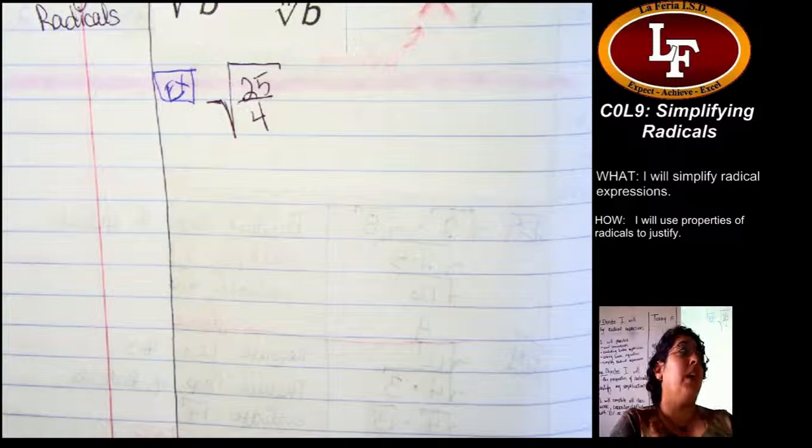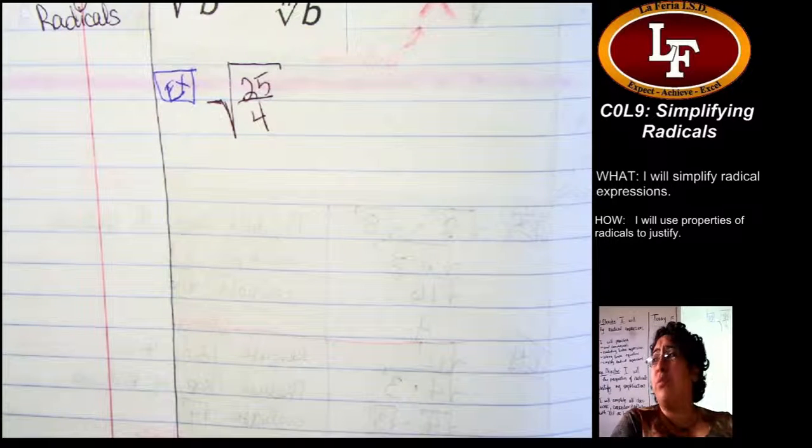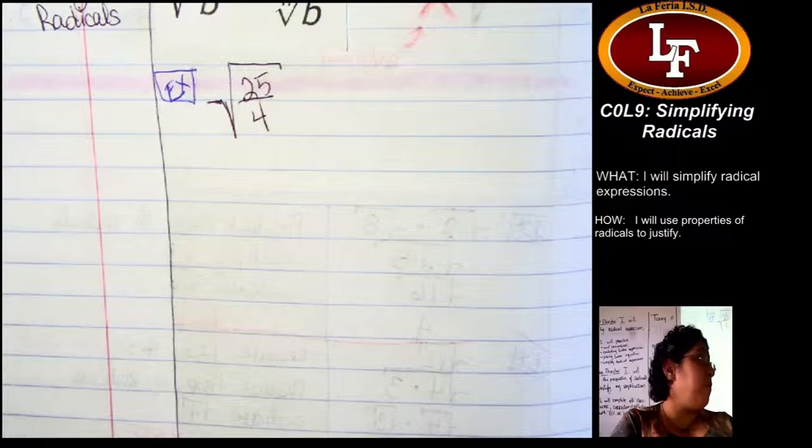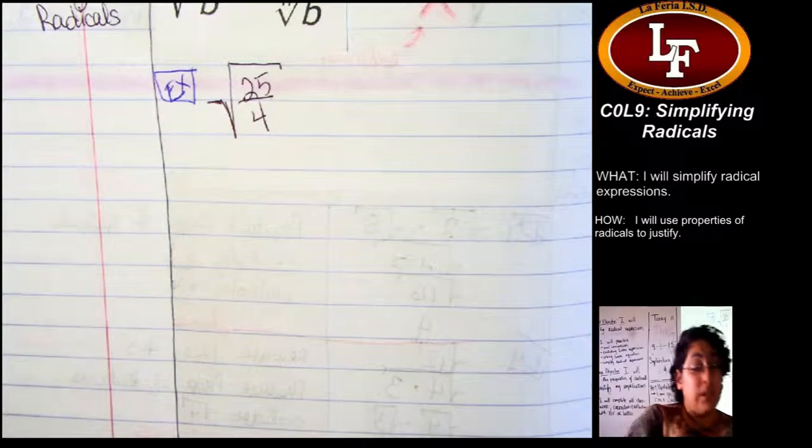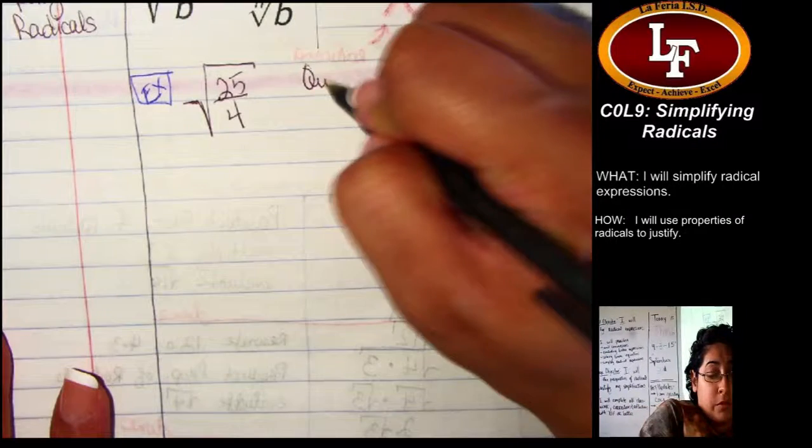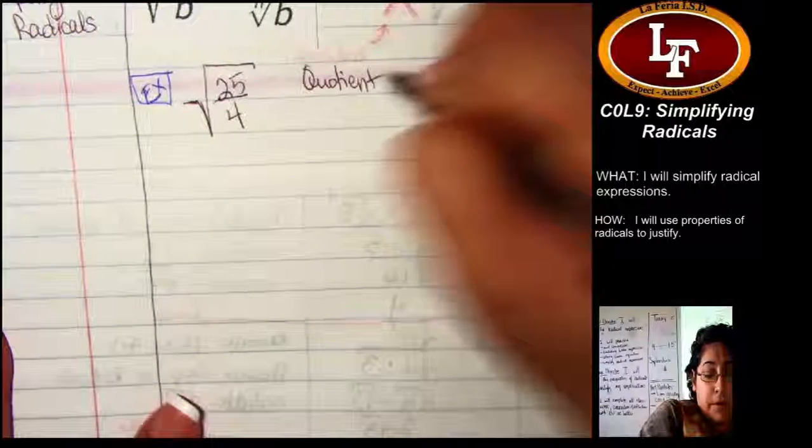But if you're doing it without a calculator, it's really hard to do the square roots of decimals. And then if you're looking at the square root of 6, that doesn't have a perfect square root, so it's hard to even guess. So let's use this new property that we were just given, the quotient property.